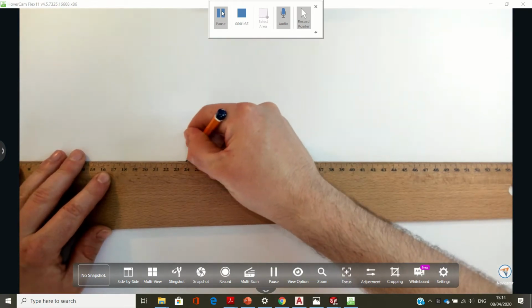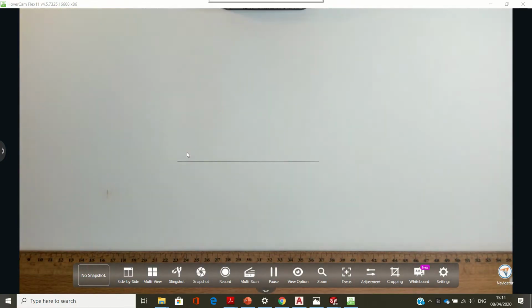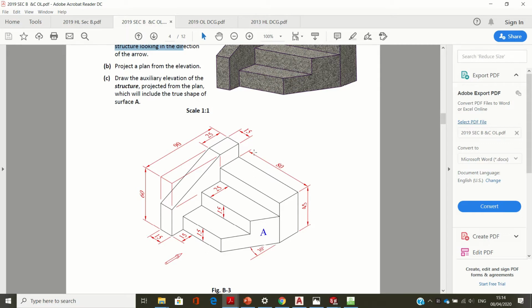So the XY line. The heights of the object are 60 and 45, and the total length of it in elevation is 95. So the two heights are 45 and 60, the length is 95, and then the heights of the steps are 15.